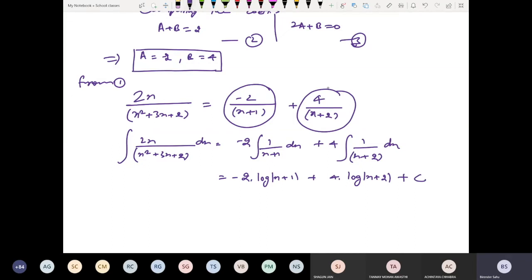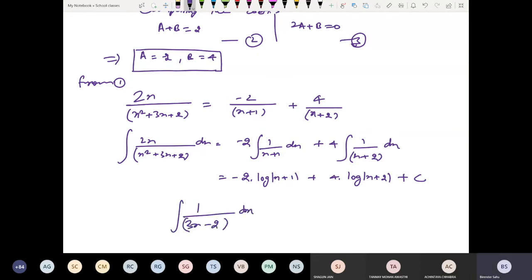Okay, Syama Goel, I have a question for you. Can you tell me what will be the integration of 1 over 3x minus 2? Syama, integration of 1 over 3x minus 2. Syama Goel. Apadna, can you answer it, beta?